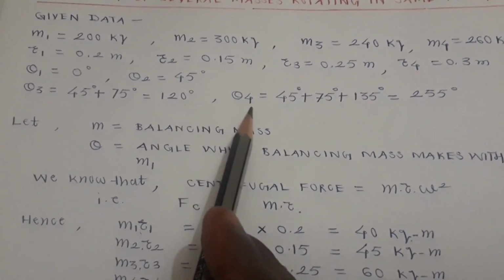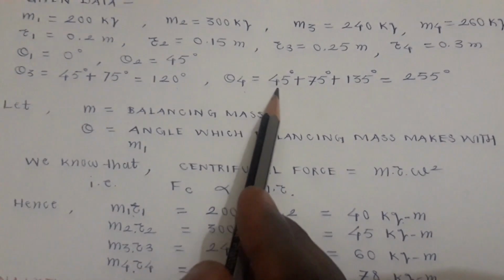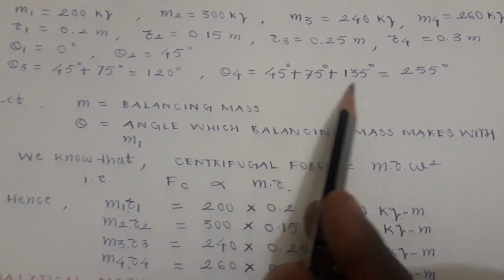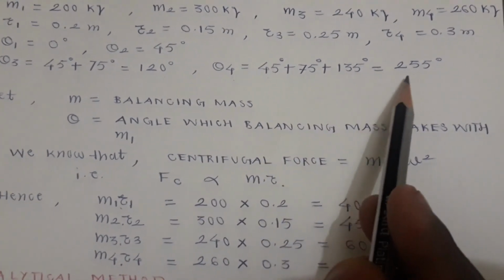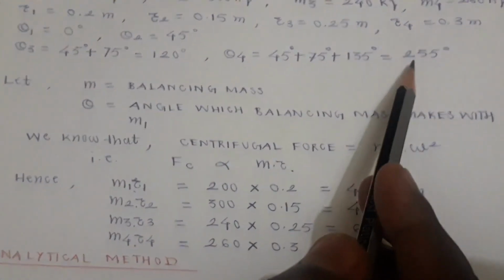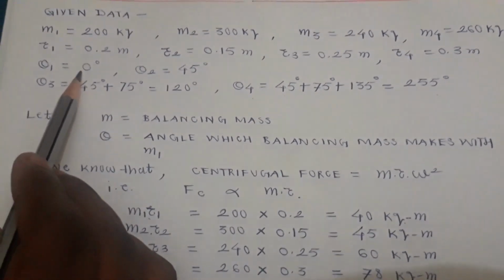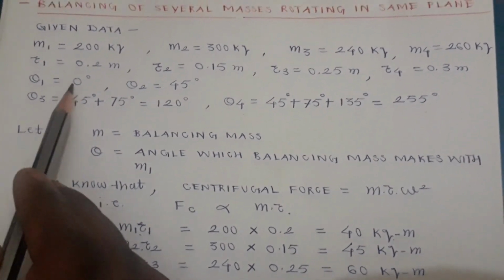And for theta 4, again from the same reference, 45 degree plus 75 degree plus 135 degree, so it will be 255 degree. So these are the angles from a common reference line, measured from the first mass at 0 degree.